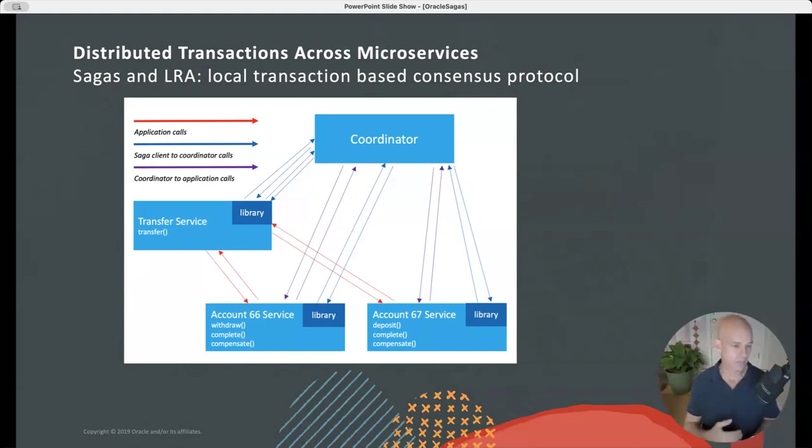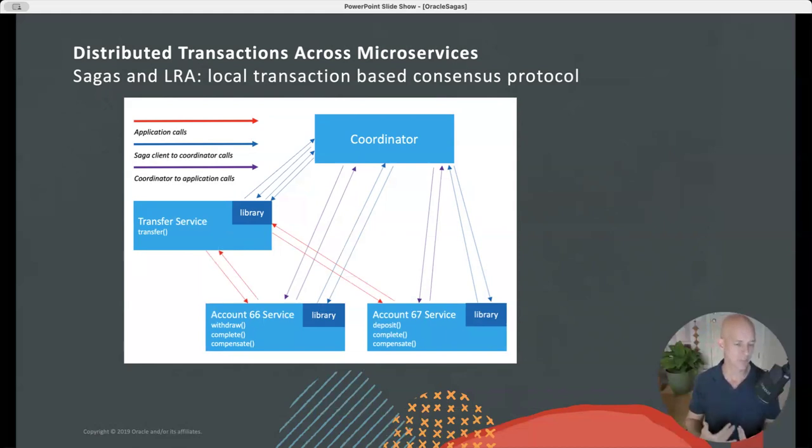Those accounts receive the LRA ID, the Saga ID, as it's propagated from the transfer service, and they enlist themselves in that Saga. So they tell the coordinator, "I want to be part of this Saga," and then control comes back to the transfer service.